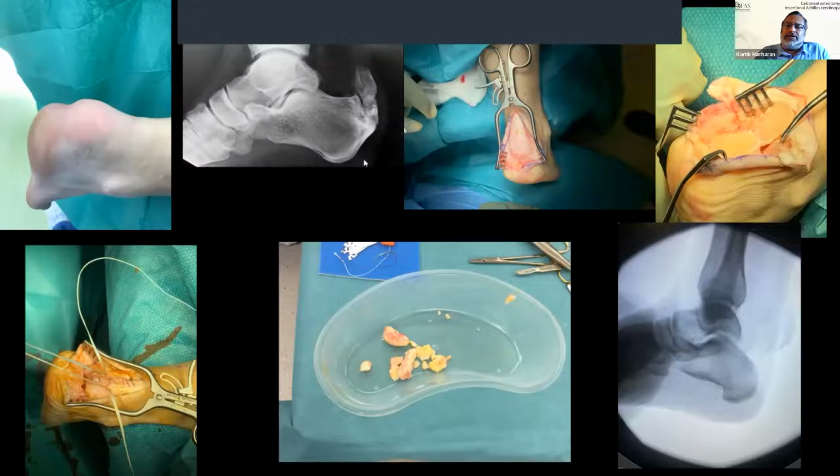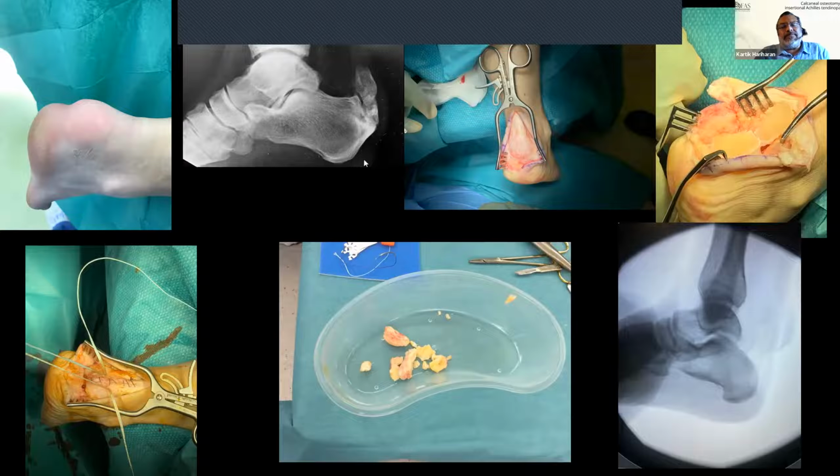Traditional procedures would include, as was shown earlier, a detachment of the tendo-Achilles, radical excision of all the prominences as well as the intratendinous calcification, and then reattaching it by whatever method of anchoring the tendon back onto its footprint, possibly slightly more anterior. And when you look at an intraoperative X-ray, it all looks very pleasing and you say, wow, I've cured this problem.